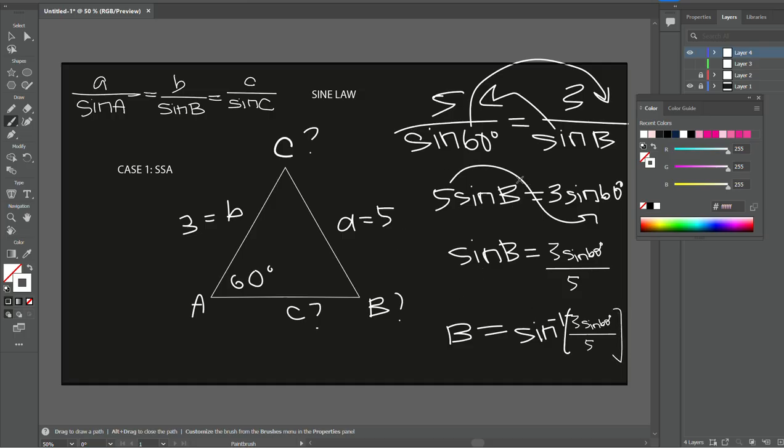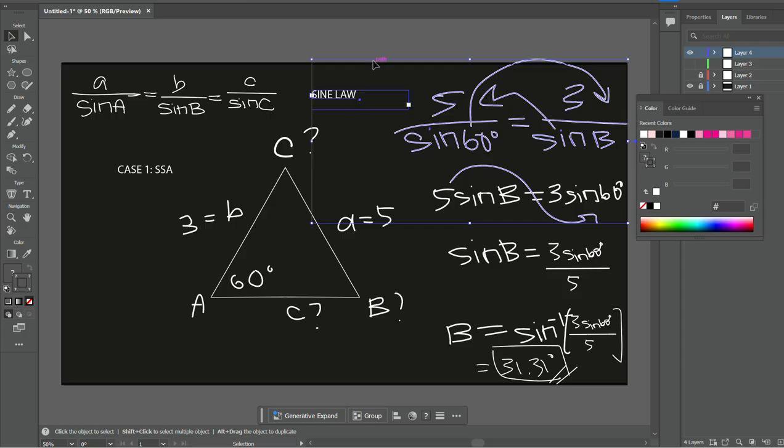You can do shift solve on this, but if you don't want to do shift solve, just do this technique. Transpose and do the inverse to find the B. You'd get 31.31 degrees, and that's for B.